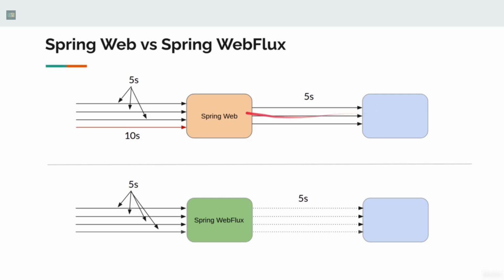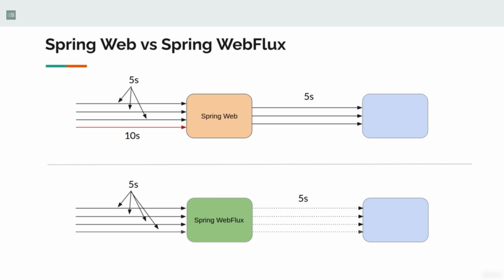Now, you need to call this service from your application. Let's assume that you developed that application using Spring Web Module, the original web framework with the servlet APIs and containers. Usually, you will have 200 threads. To keep things simple, let's assume that you have only 3 threads in the thread pool.